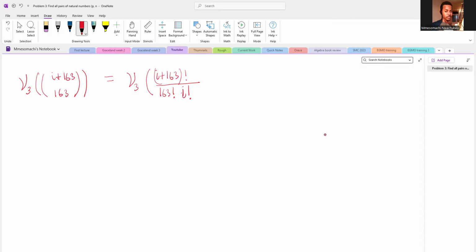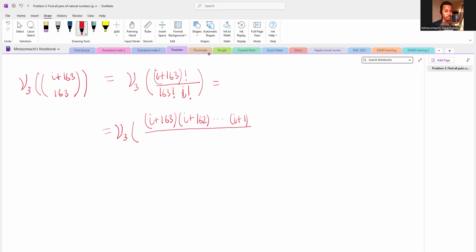So this is going to be the PID value of i plus 163 times i plus 162 up to i plus 1, since we cancel out the i factorial.